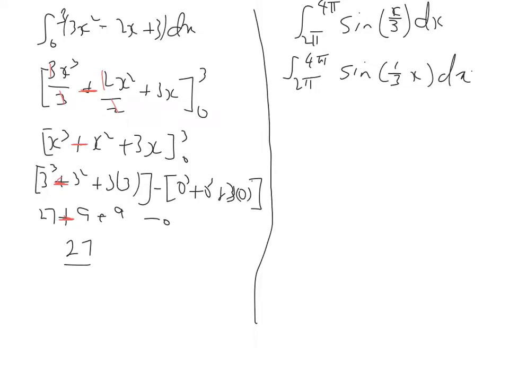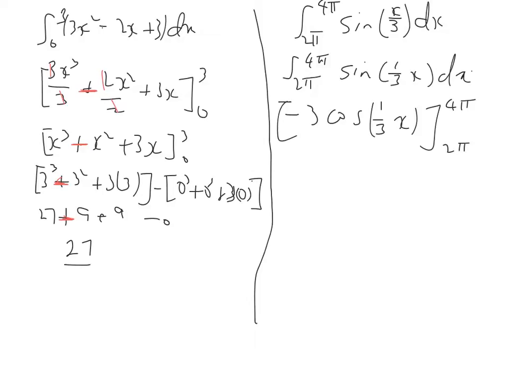So now sine becomes negative cos, and whatever our coefficient of x is, we take the reciprocal of that. So we end up with negative 3 cos of 1 over 3x. And we're going to anti-differentiate that between 4 pi and 2 pi.